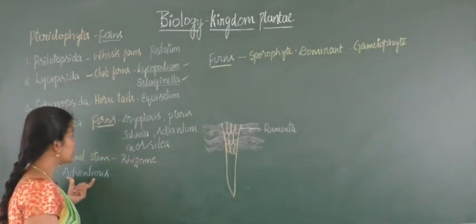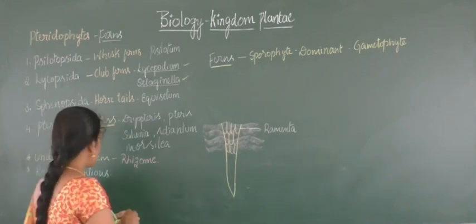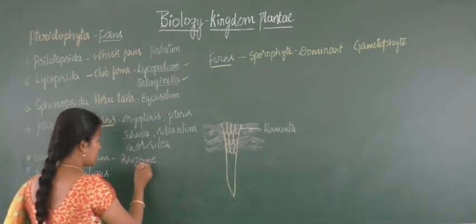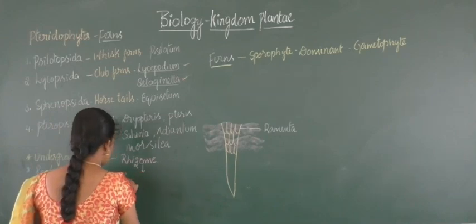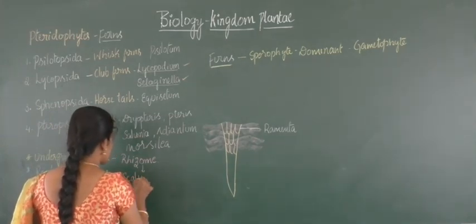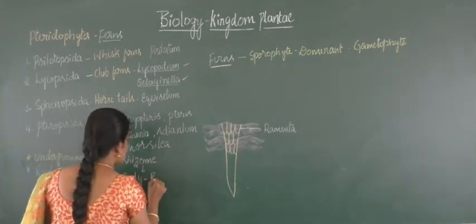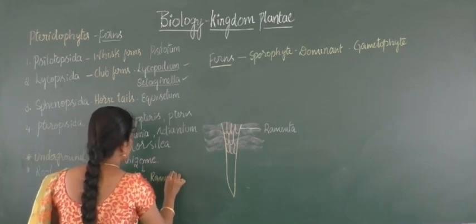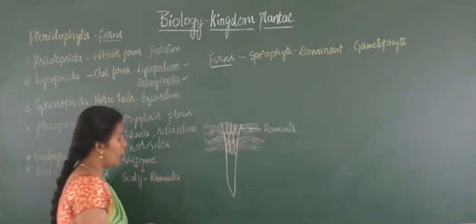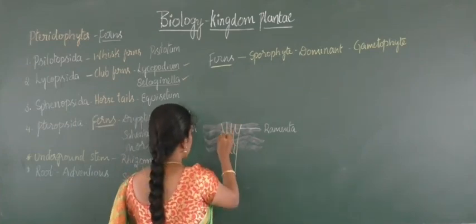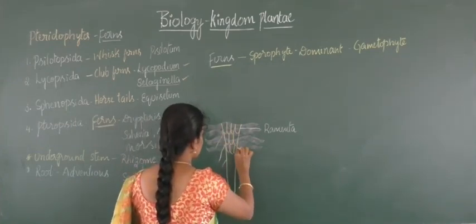So in that, adventitious roots are present, and on the top of a rhizome there will be scaly structures, and those are called ramenta. And you can find the roots over here.